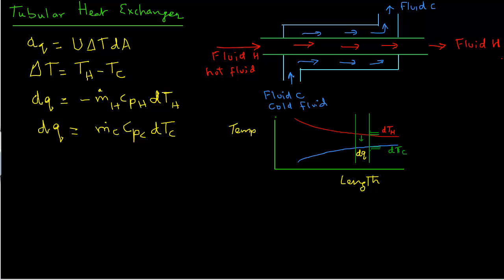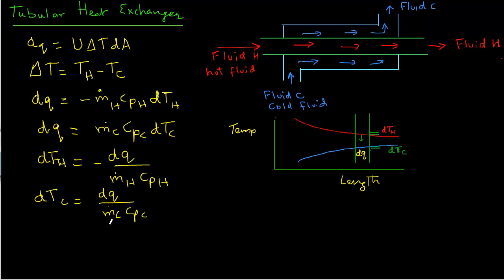so that overall we have a positive value for dq. Now solving for dTh and dTc, we can rearrange the terms as dTh equals minus dq over m dot h cph, and we have dTc equals dq divided by m dot c times cpc.